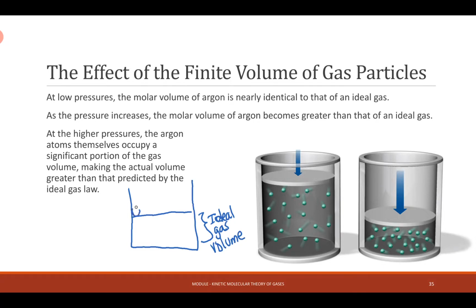But we have real gases, and real gases do occupy volume. And so maybe all the atoms here add on additional space. And so this is the real, I'm going to say that's the particle volume.